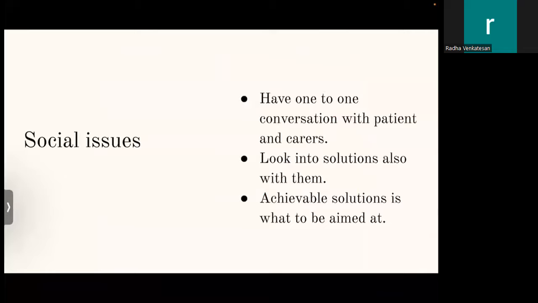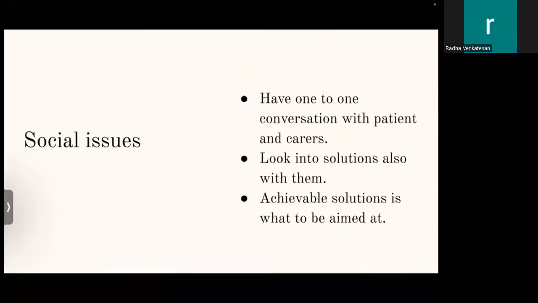Next comes social issues. What are the social issues? There are many, many social issues which can arise, and we will see some examples also. But the important thing is, how can you be able to solve some social issues?